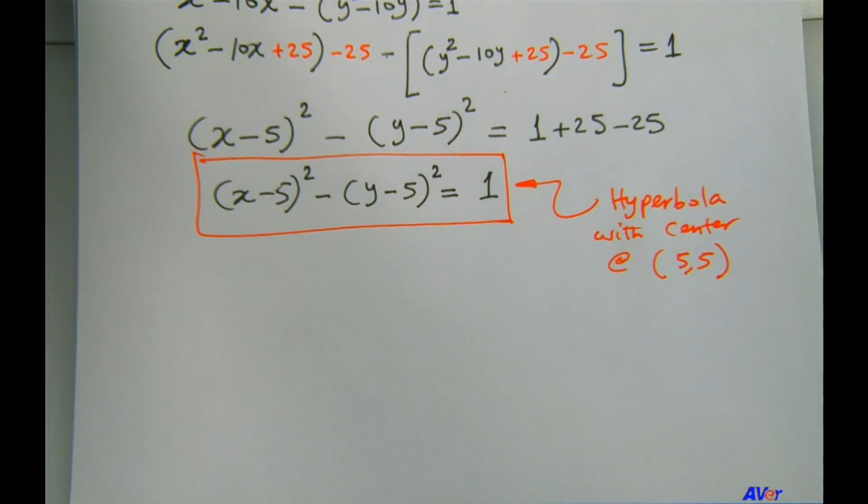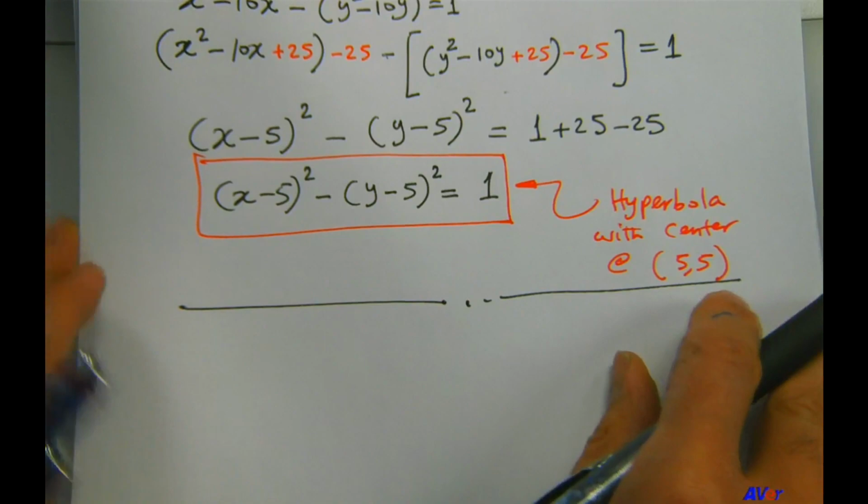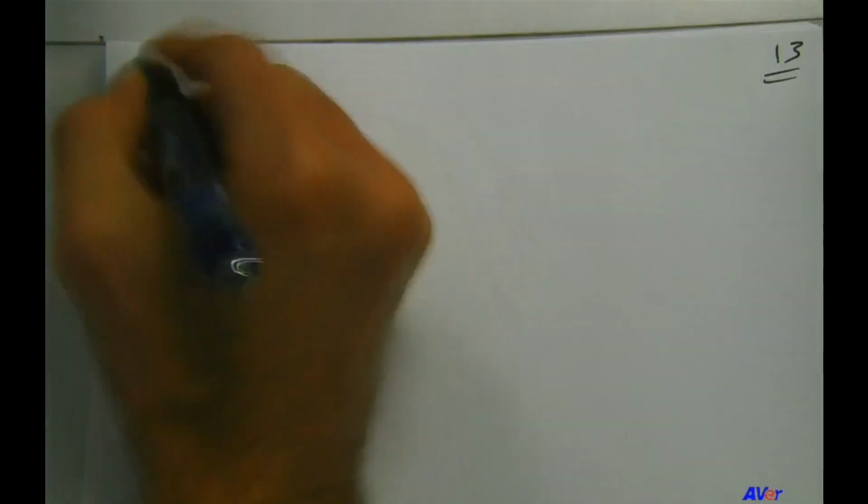This wraps up what we had to cover in section 11.4, but as I promised you, I will spend some time now to talk about the completing the square method. So this is a review. So this is an extension. So this would be page 13.